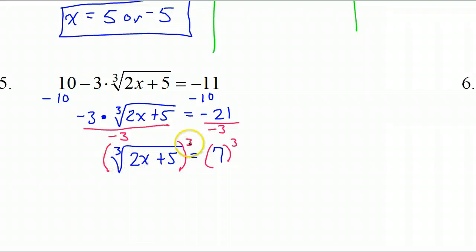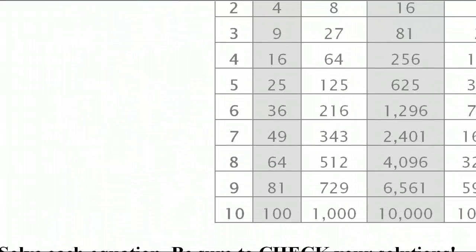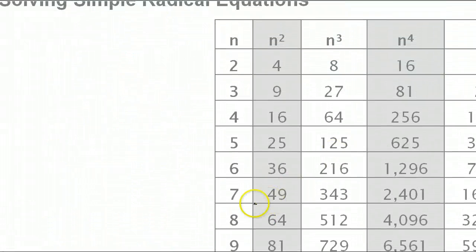All right, so the cube root and the third power cancel each other out, so that will just leave us with 2x plus 5 equals. Now 7 to the third power, gotta look at our little chart here, 7 to the third power is 343.